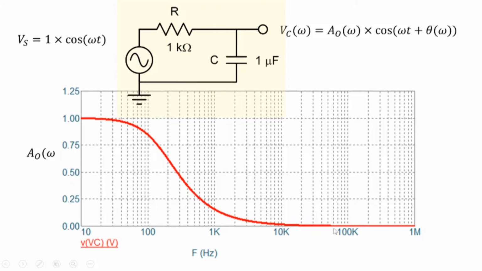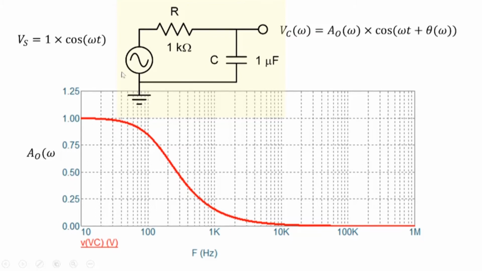But if you apply a 1 volt cosine with a frequency of 100 kilohertz, at the output we see almost negligible, 0. The circuit has almost rejected that high frequency component, 100 kilohertz, and 1 megahertz also.